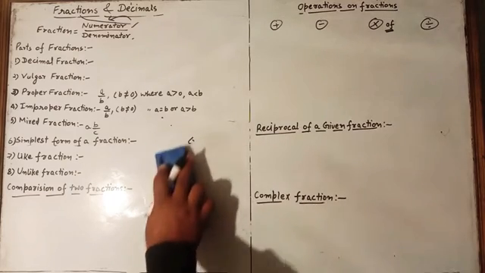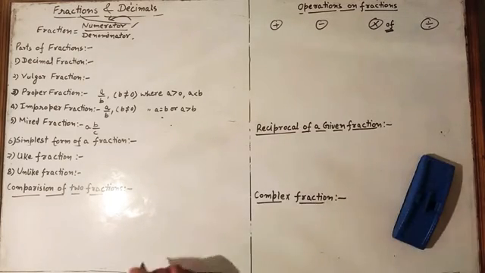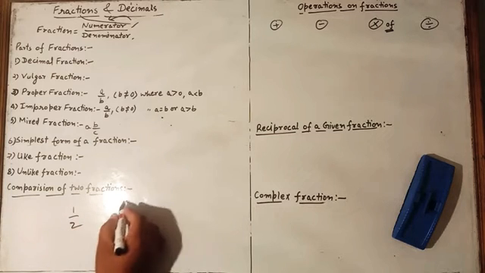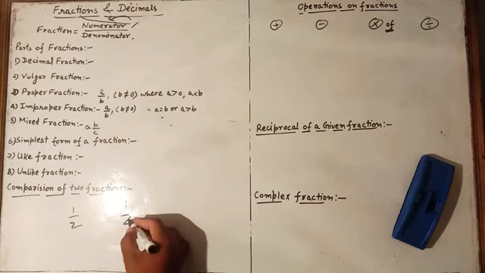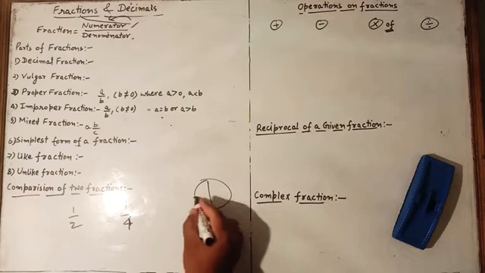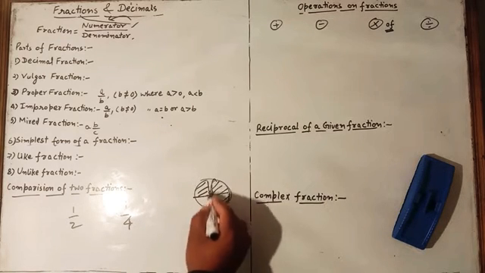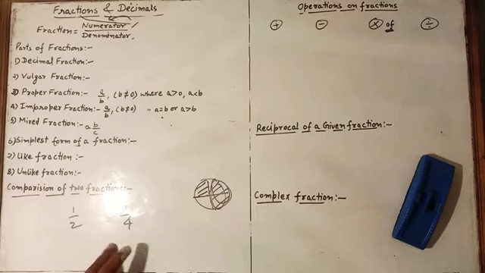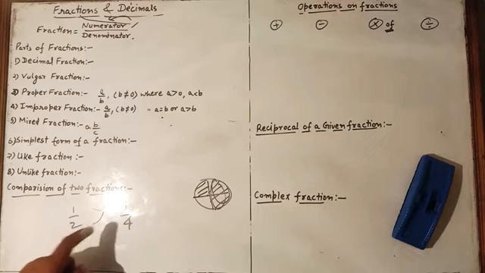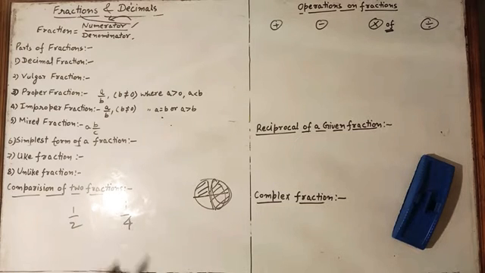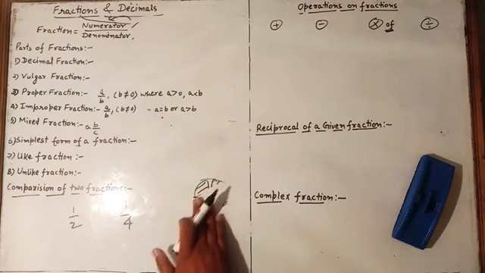Now come to the comparison of two fractions. See, if the fractions are 1 by 2 and 1 by 4, the simplest ones, 1 by 4 means the fourth part of one whole, this one, and 1 by 2 means the half part, this one. So which one will be the greater? Obviously we know that half is greater than 1/4, but how will we calculate if a fraction is other than this?